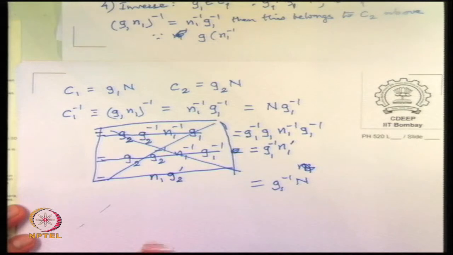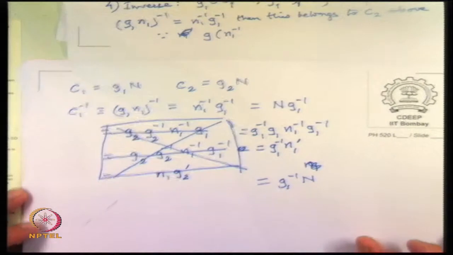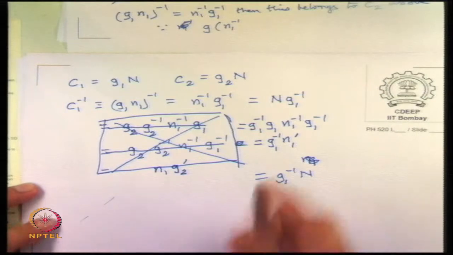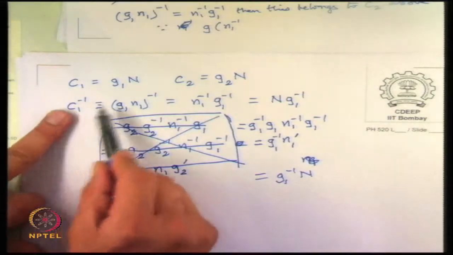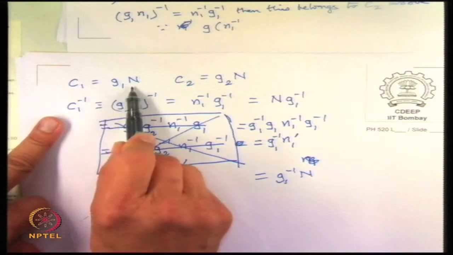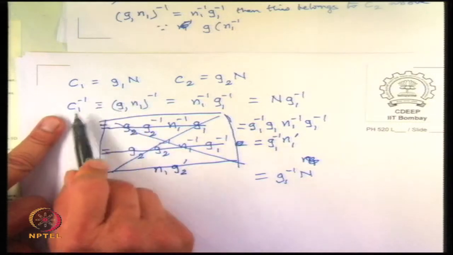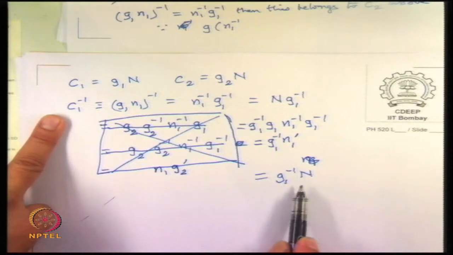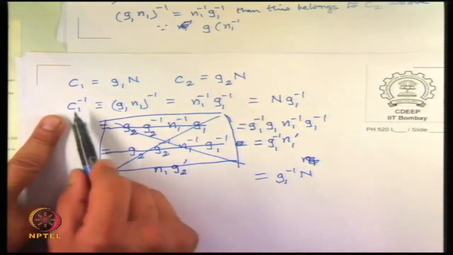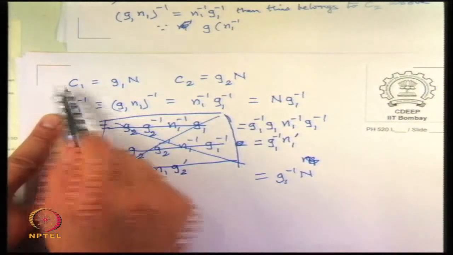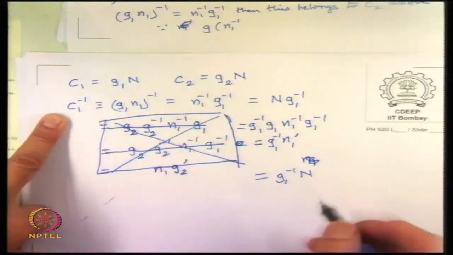I am sorry, because of the concepts we are trying to balance, it is sort of repetitive, but I think I can repeat it now. It has taken a few minutes more, but given a C1, which is of the form G1 times N, the C1 inverse will essentially be all the elements of the form G1 inverse N, as computed here, which is another coset, a left coset.